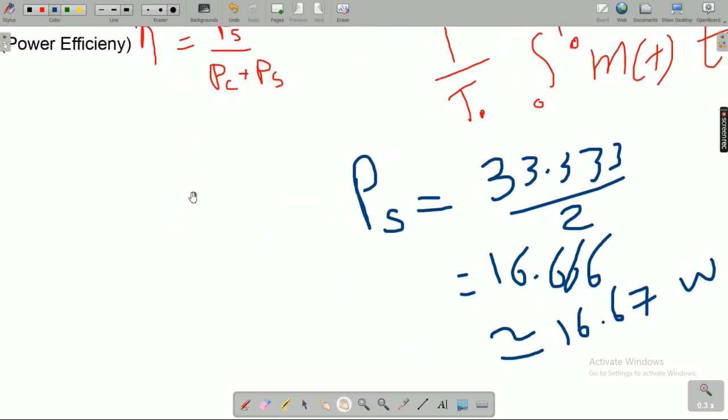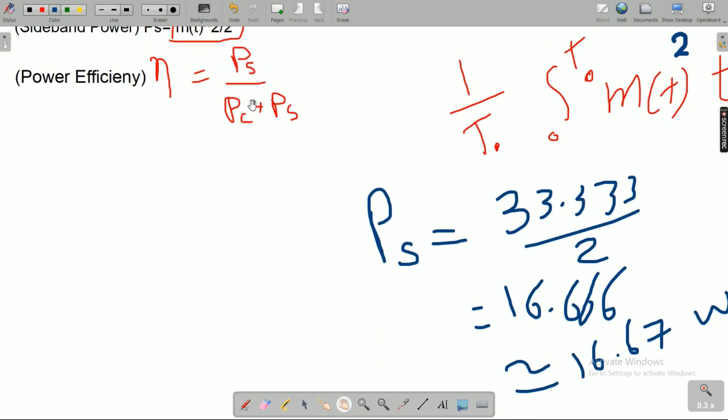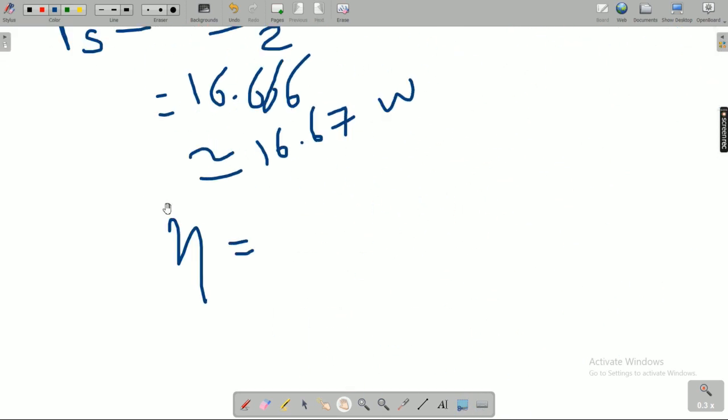To get the final part, which is eta, the power efficiency, it will equal the sideband power over the carrier power plus the sideband power.